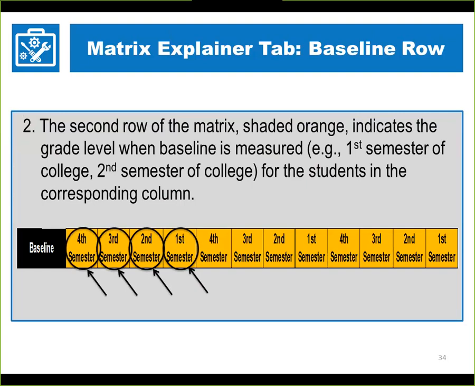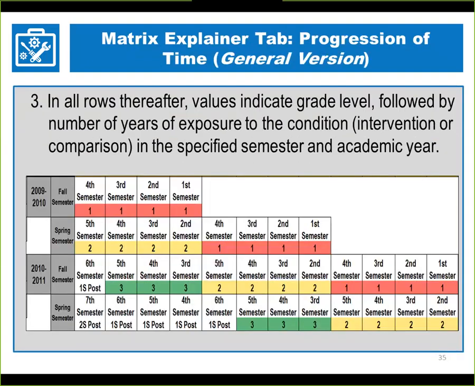In the general version of the tool, the third statement on the Matrix Explainer tab describes and illustrates the remaining rows of the matrix. Here, I'm only able to show the first sentence that appears on the tab, just to keep the text on the screen a readable size, but I will go over all the information about the rows that's covered on the Matrix Explainer tab.